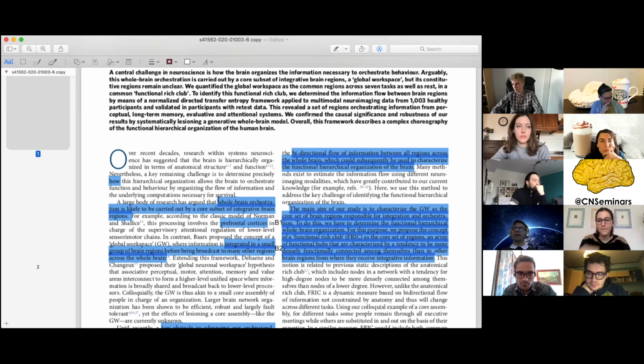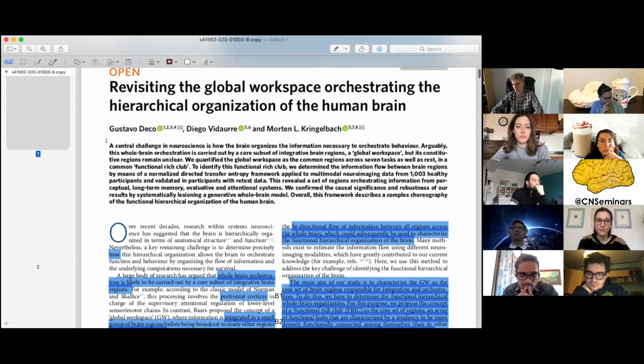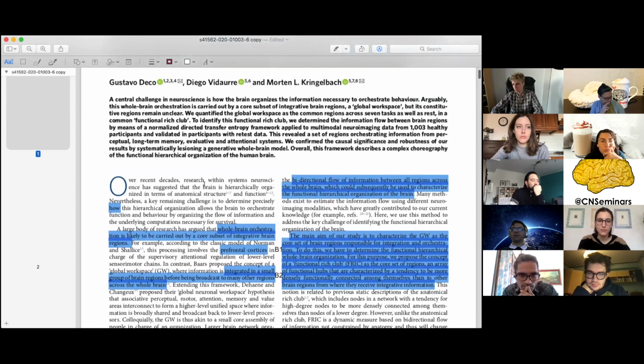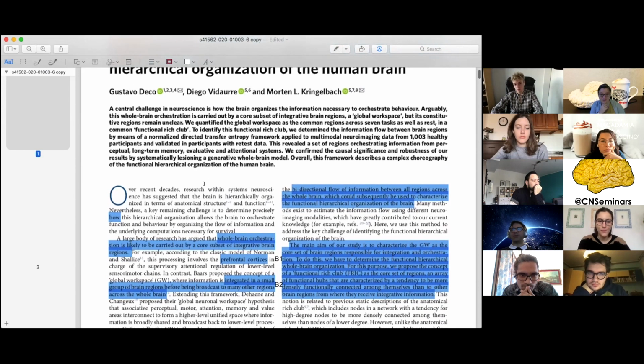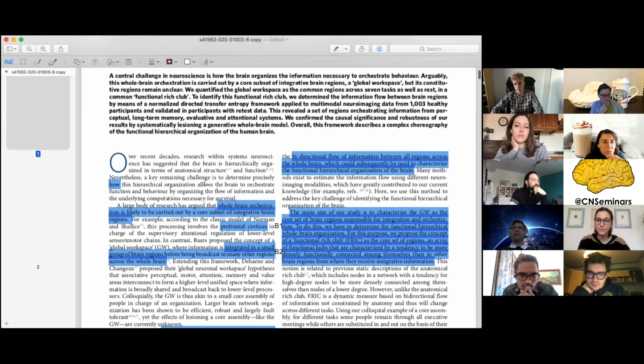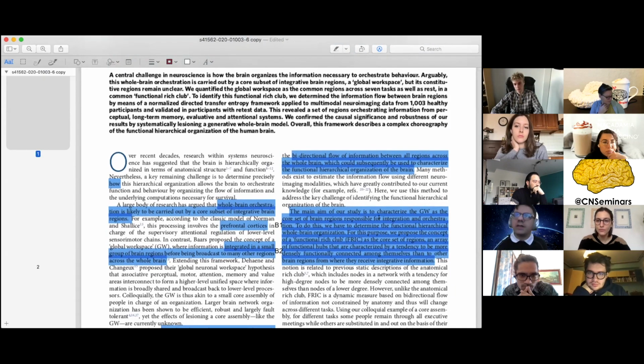It's quite instantaneous. Although the authors, with whom I had a quick exchange of emails, said it took them 3 years to achieve this paper. So it was still a long work. They really wanted to characterize the global workspace, where it is in the brain.